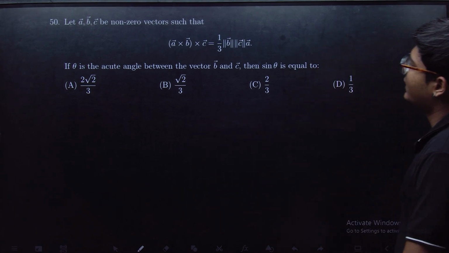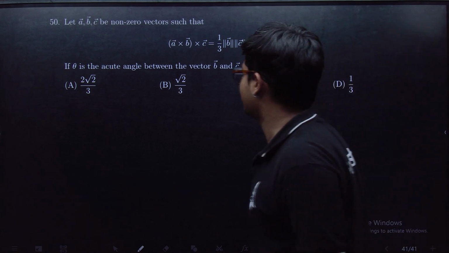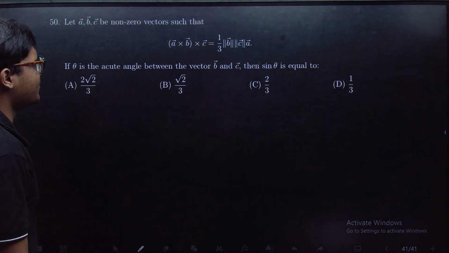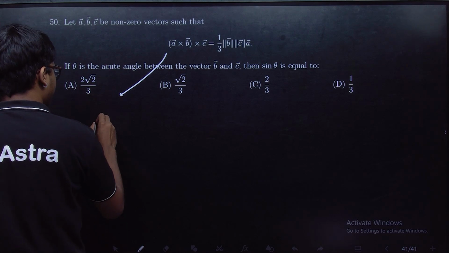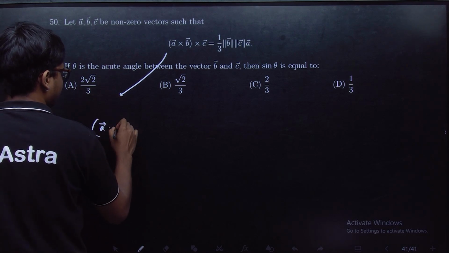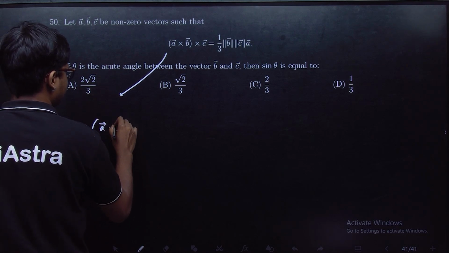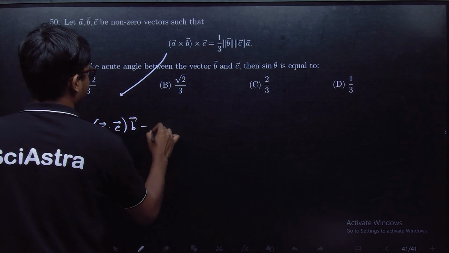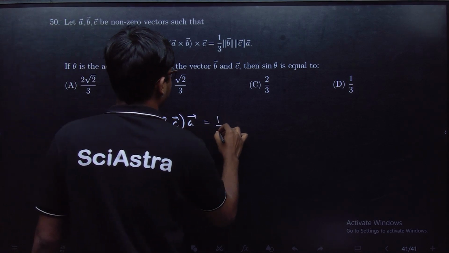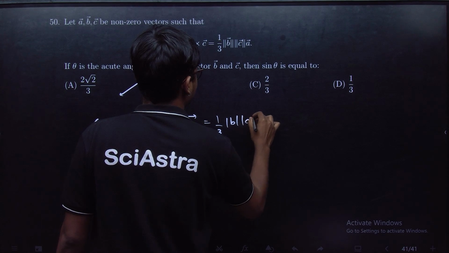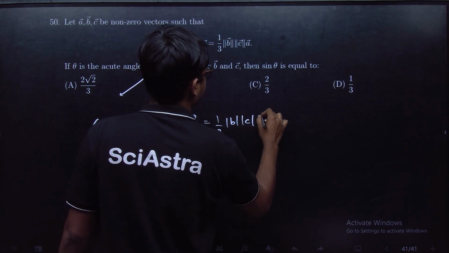Alright, so in question 50, we have A, B, C are non-zero vectors such that A cross B cross C is equal to 1 by 3 mod B mod C times A, right? So we know we can write the vector triple product as A dot C times B vector minus B dot C A vector, and that is 1 by 3 mod B mod C A vector, right?